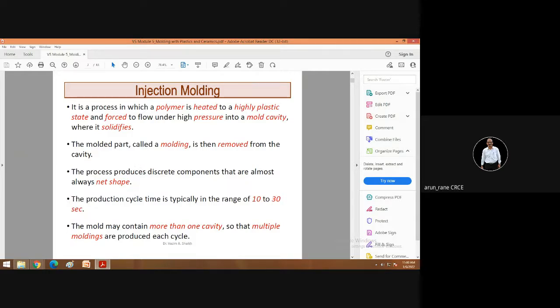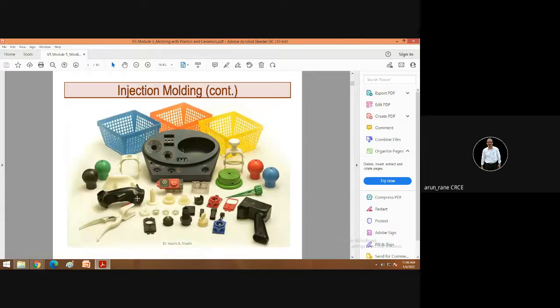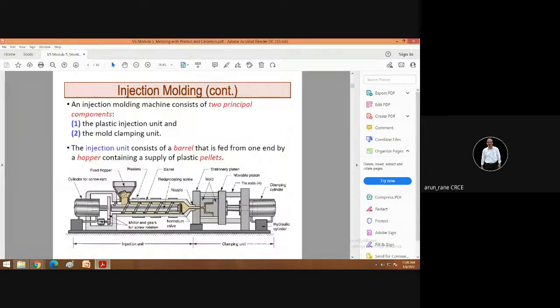Afterwards it gets solidified, and then your mold opens, and finally the product is ejected. So this is what your injection molding machine is.